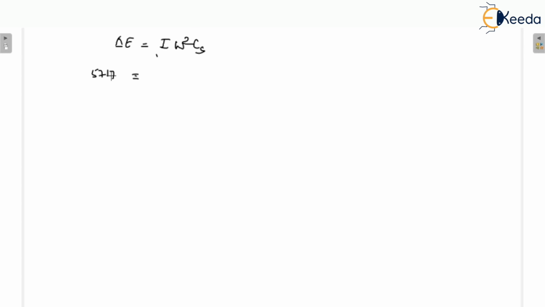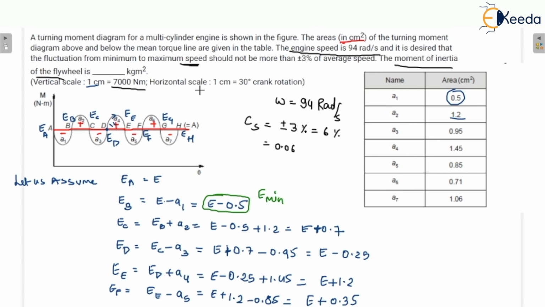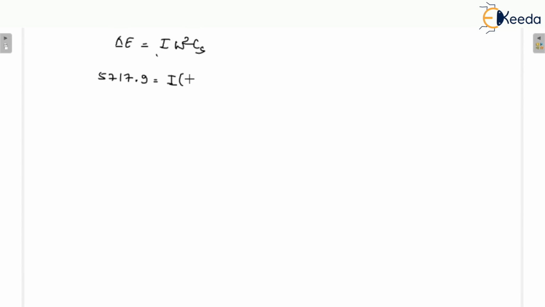We have the value of delta E, that is 5717.69, and that is equal to I, the moment of inertia we have to find out, and omega is given as 94. So 94 square multiplied by CS, and CS means 0.06. When you solve this equation, you will get the value of moment of inertia.